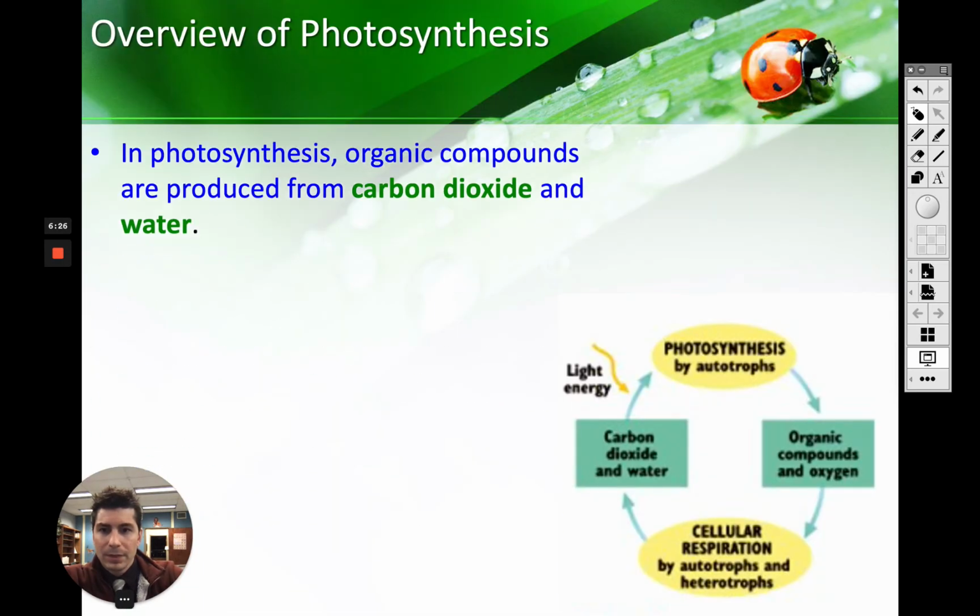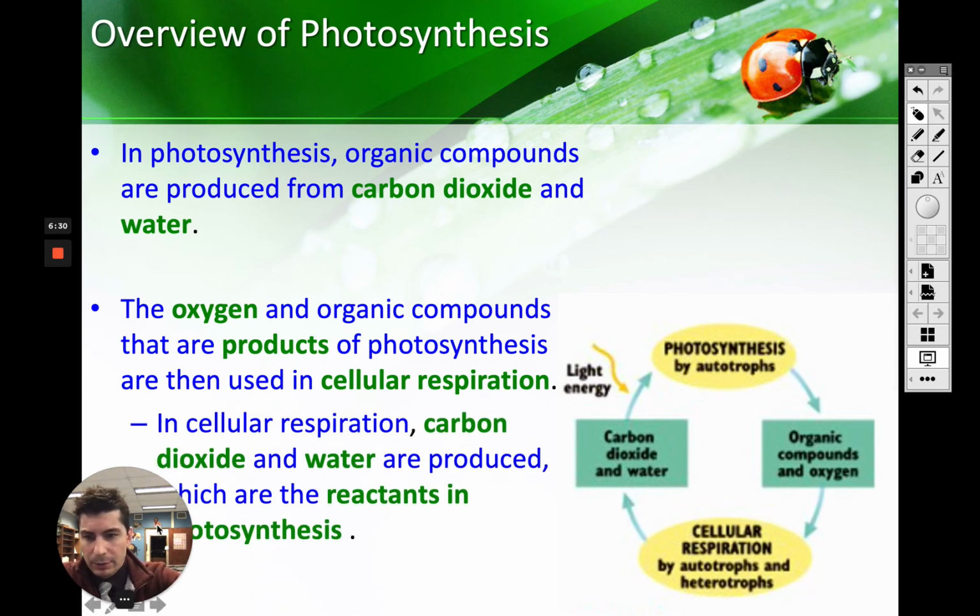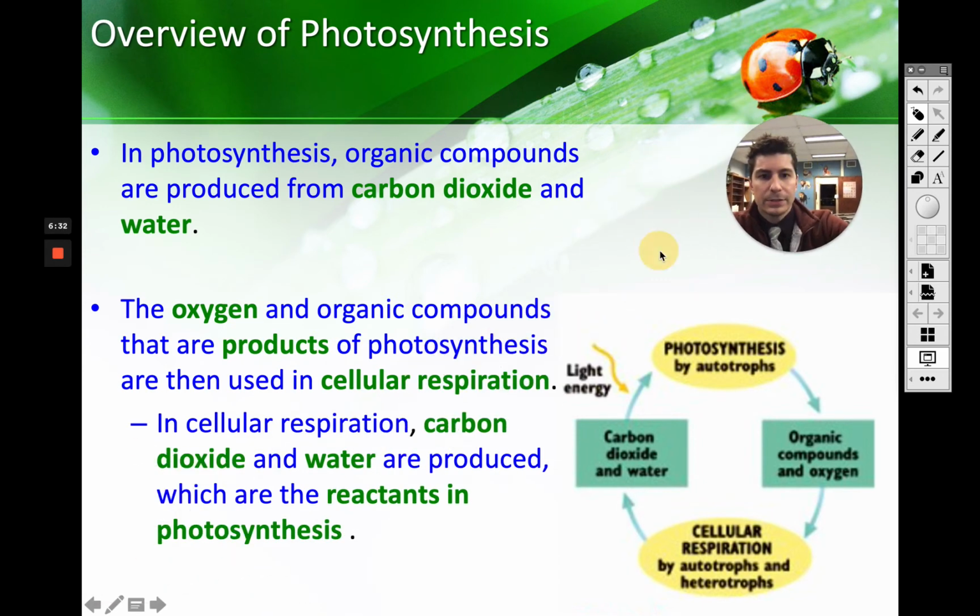So, okay. So let's go through a little overview of photosynthesis. I will move myself out of the way so you can see our lovely words there. What we are going to do in photosynthesis is, again, make glucose from two things: carbon dioxide and water. Our energy source for doing this is going to be the sunlight.